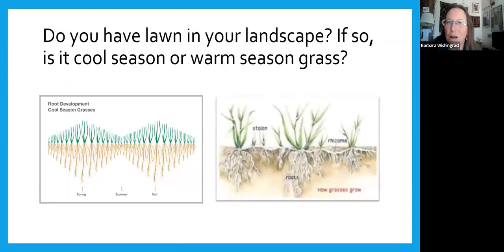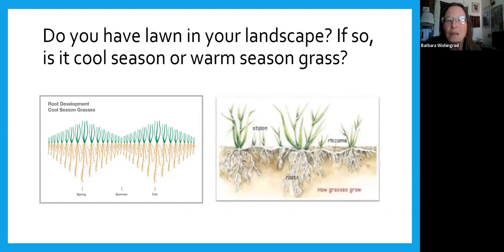And if you have lawn, it's good to know if it's cool season or warm season grass, and often it is a mix. But the type of roots or rhizomes will be different depending on whether it is cool season or warm season grass. Cool season grass is easier to kill or get rid of, and warm season grass is more common in our area.